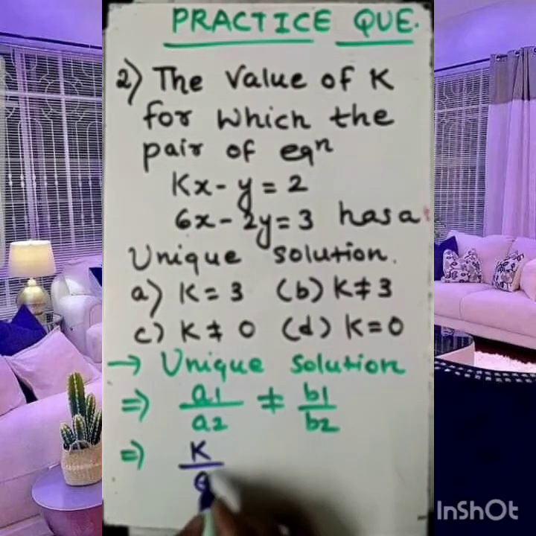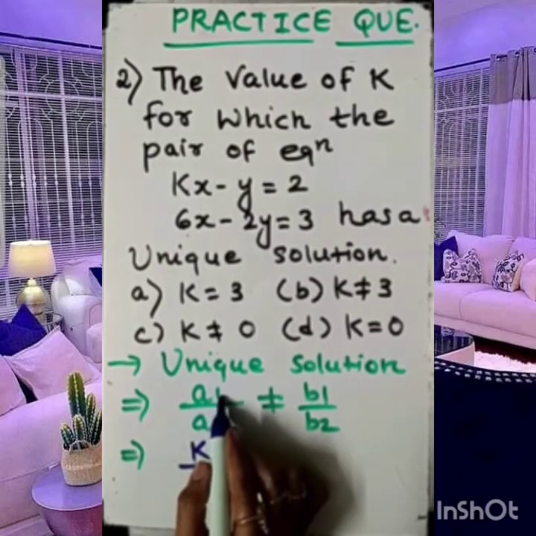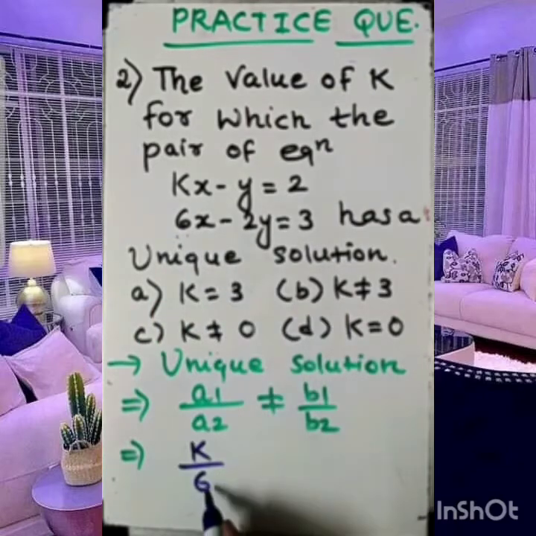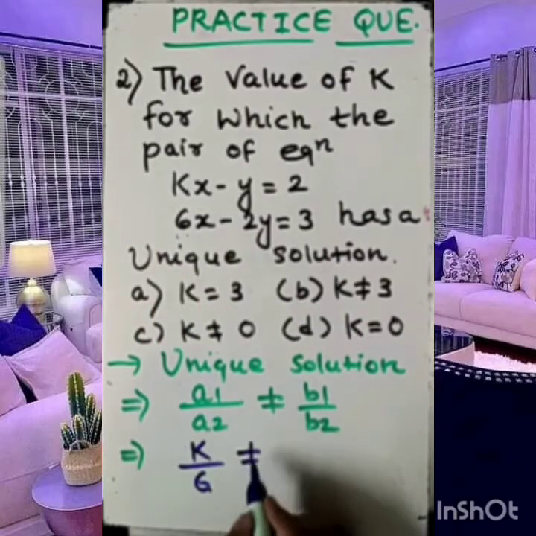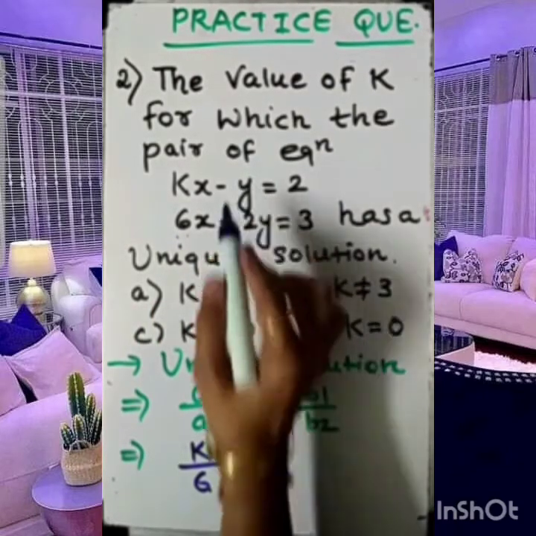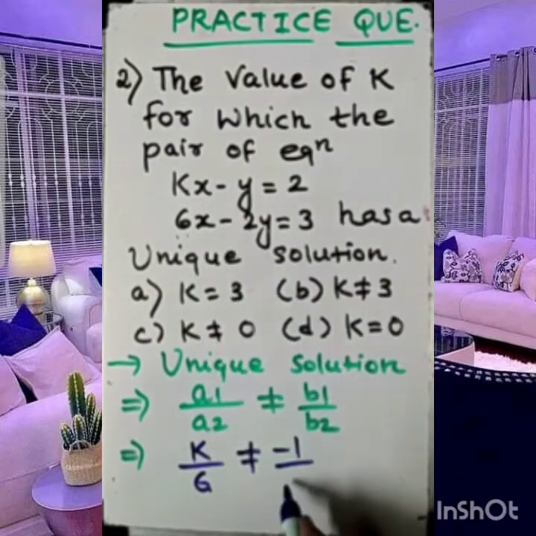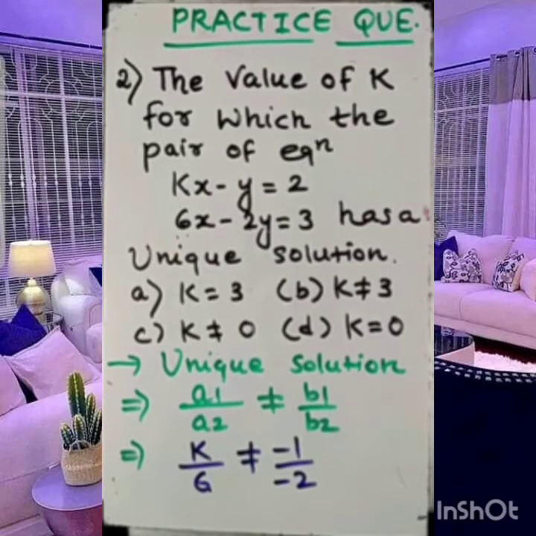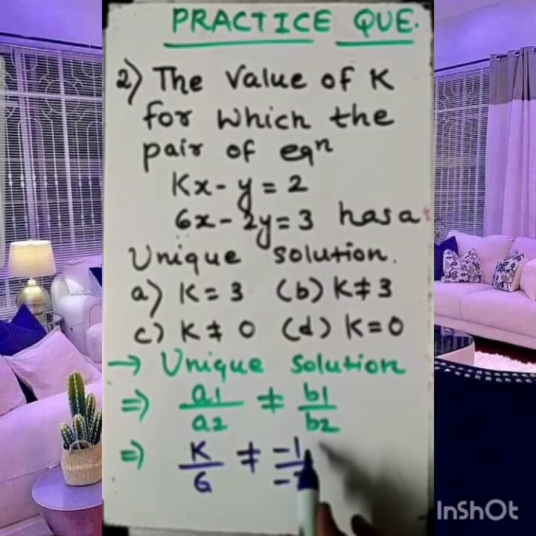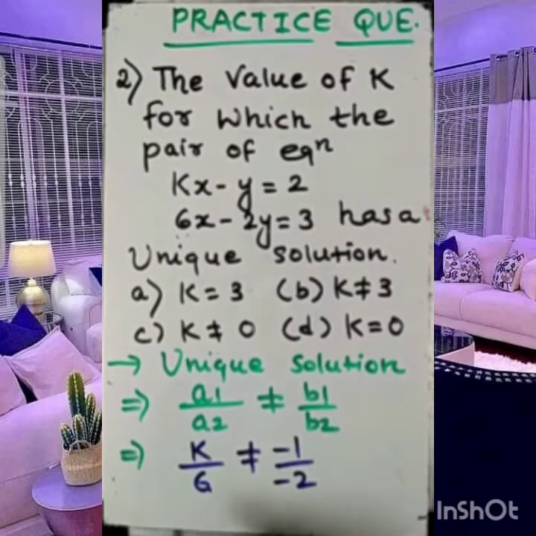k is the coefficient of x, that is a1. This is 6, not equal to the ratio of coefficients of y, which is minus 1 and minus 2. This side it is 1 half. So next step, k not equal to 1 half, and this 6 will be multiplied to this side.